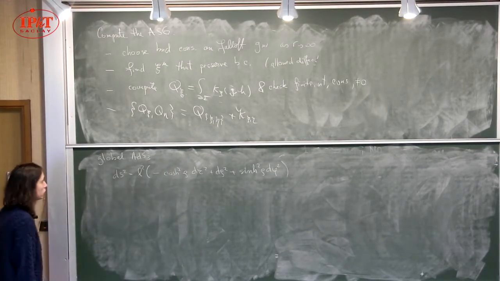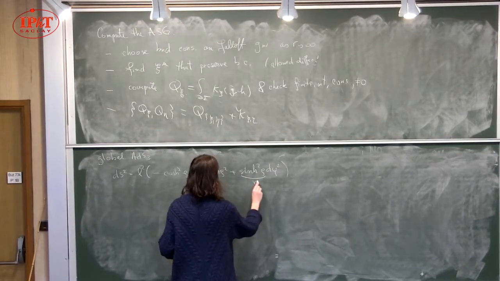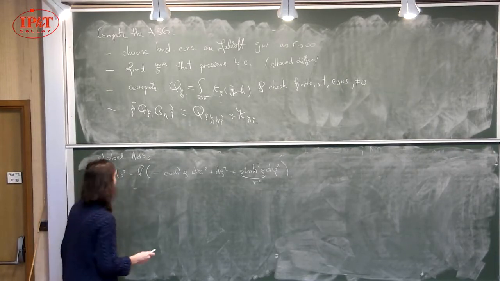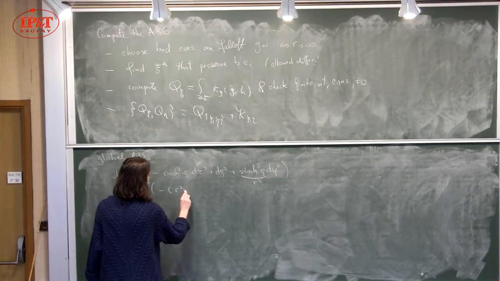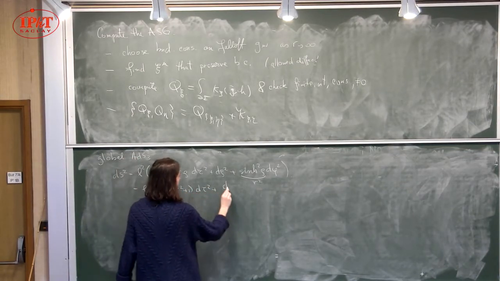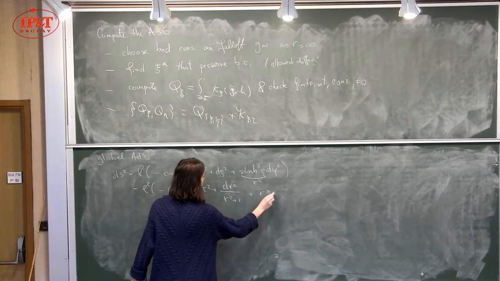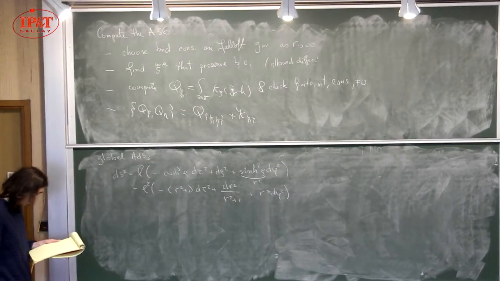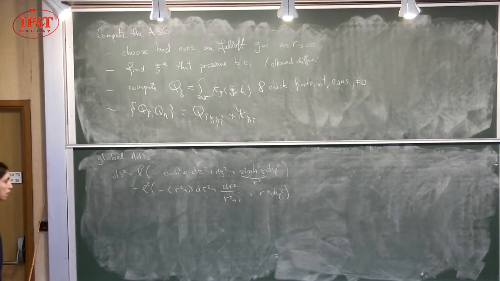It's useful to introduce a coordinate r, to call this sinh rho equal to r, which also goes from 0 to infinity. Then the metric looks like L squared times minus (r squared plus 1) d tau squared plus dr squared over (r squared plus 1) plus r squared d phi squared. So this is just global AdS.